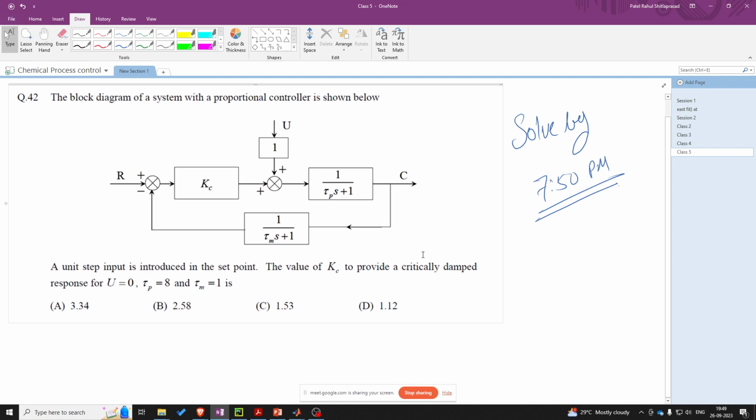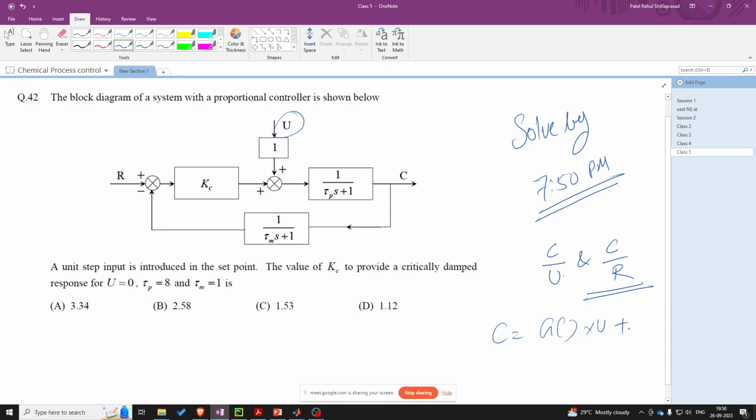Over here, we can write the transfer function between the output and the input, that is, C by U as well as C upon R. But since we have been given that U equal to 0, the term corresponding to G of something into U plus G of something into R, the U term will automatically be 0.